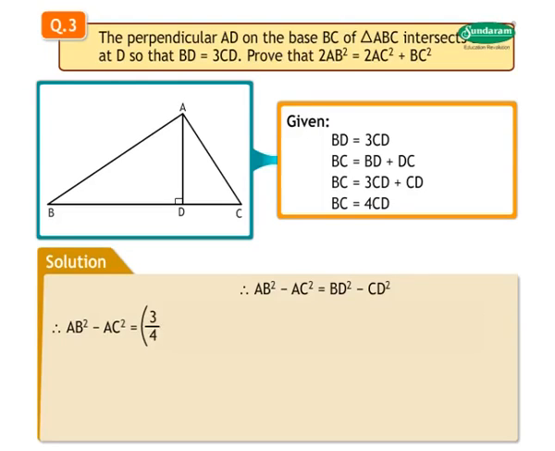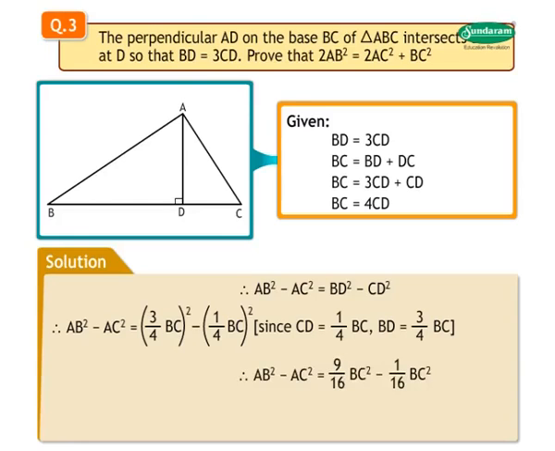Therefore, AB square minus AC square is equal to 3 upon 4 BC square minus 1 upon 4 BC square, since CD is equal to 1 upon 4 BC and BD is equal to 3 upon 4 BC. AB square minus AC square is equal to 9 upon 16 BC square minus 1 upon 16 BC square. Therefore, AB square minus AC square is equal to half BC square.